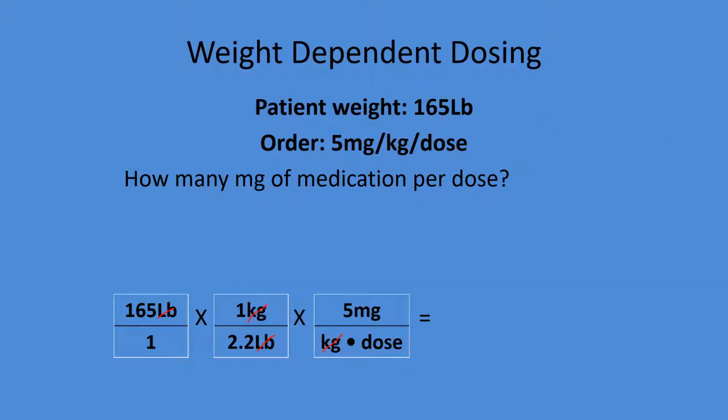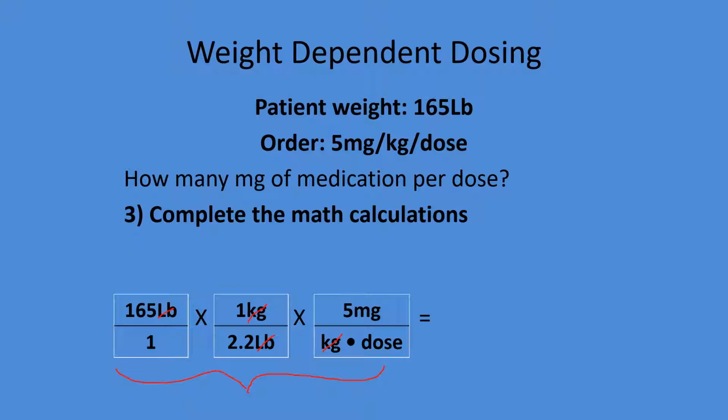All the units are here if you're keeping track, but I'm teaching you guys the shortcut. So 375 per dose. So this is per dose, which is also in this case per day. So we don't have to do C at all. So this patient would need 375 milligrams per dose.